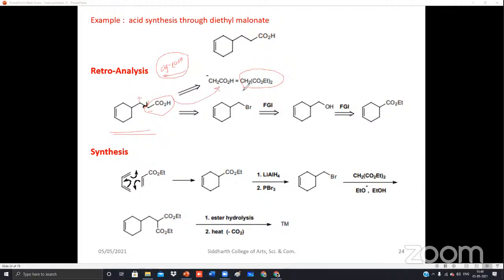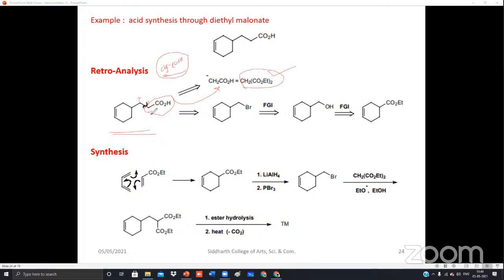This synthon is nothing but taken as ethyl malonate, which is a bit stable as well as most reactive, and this will be considered as a positive charge over here.